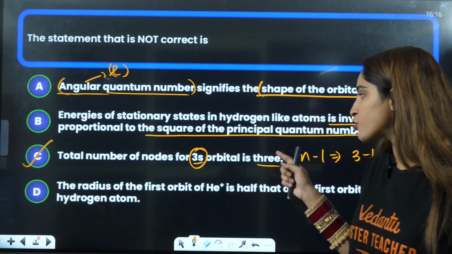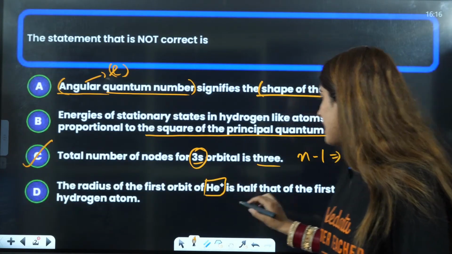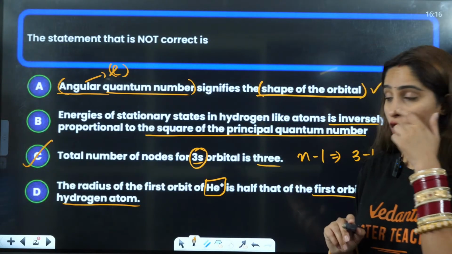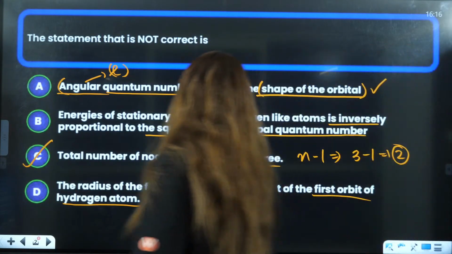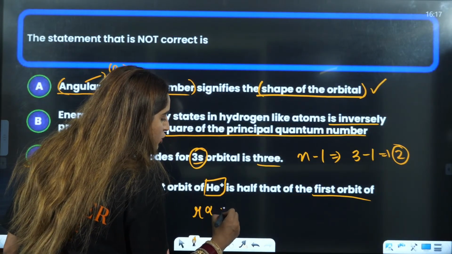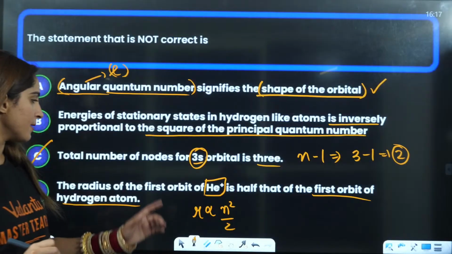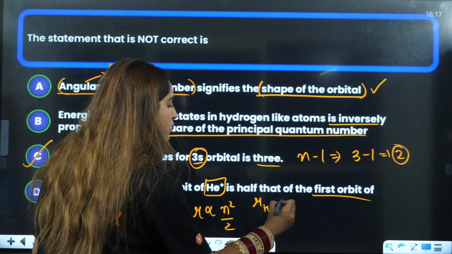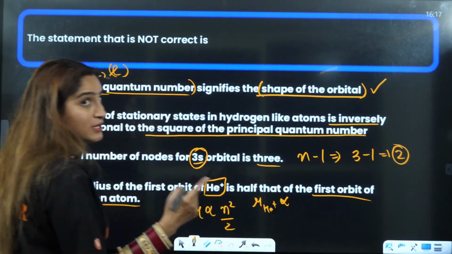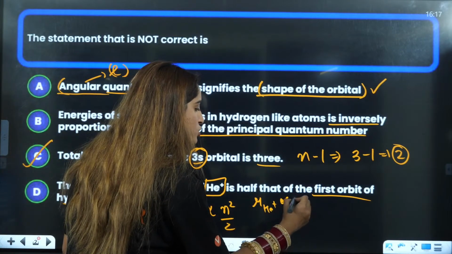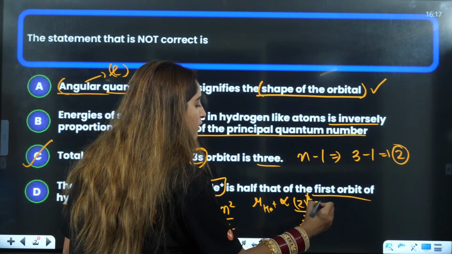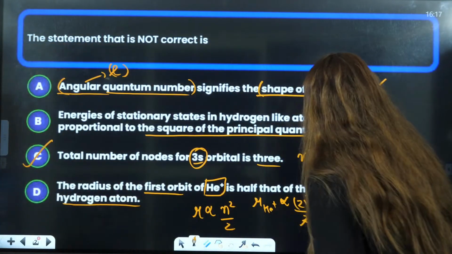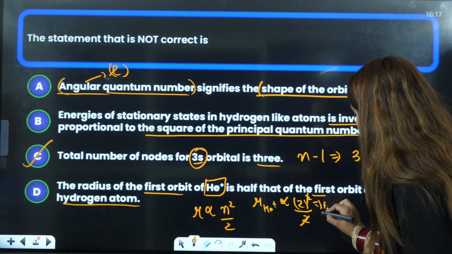The rest: the radius of the first orbit of He+ is half of that of the first orbit of the hydrogen atom. Radius is directly proportional to n square by Z. For He+, the orbit number n is 1 and Z is 2, so it is 1 square divided by 2, that is a naught by 2, so the value will be half of a naught.